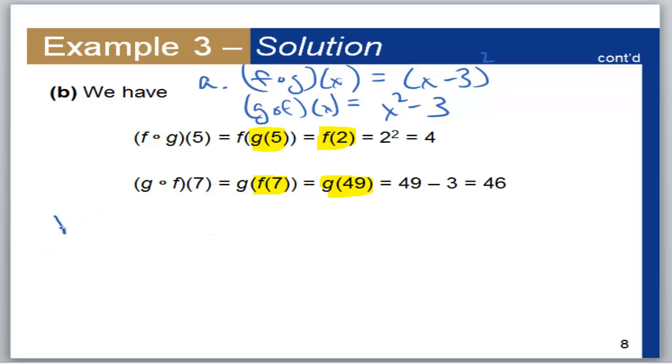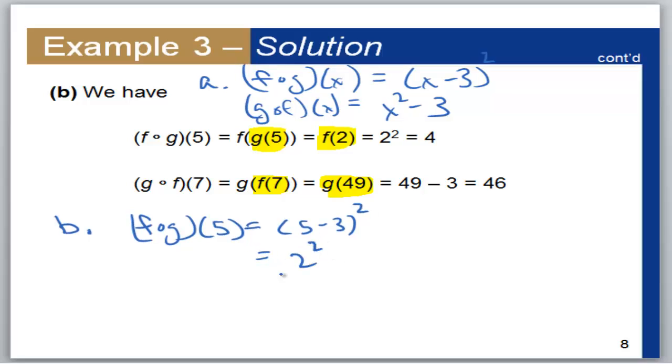So really the easier way to do b would have been to say, alright, well, f of g of 5 is really equal to 5 minus 3 squared, right, using the formula that I got in part A, which is just 2 squared, which is going to be 4, right, which is the same result as they got doing it in 2 steps.